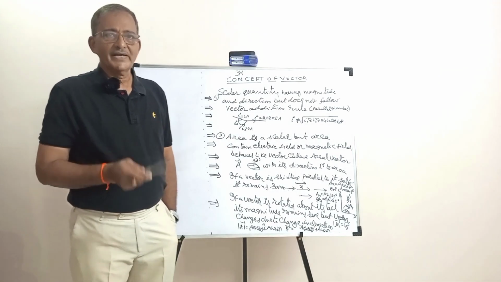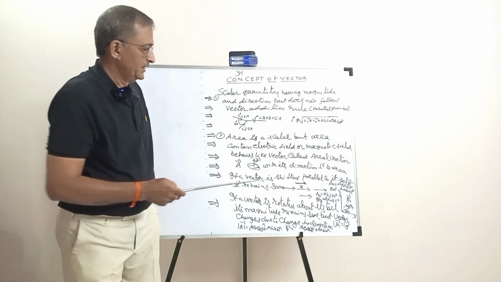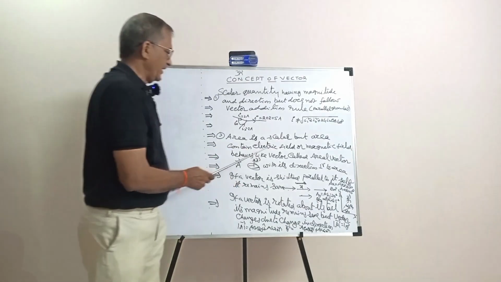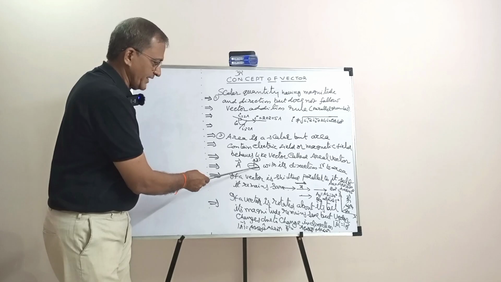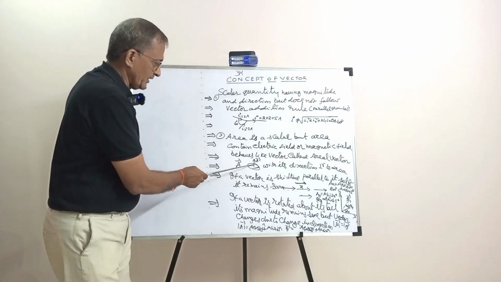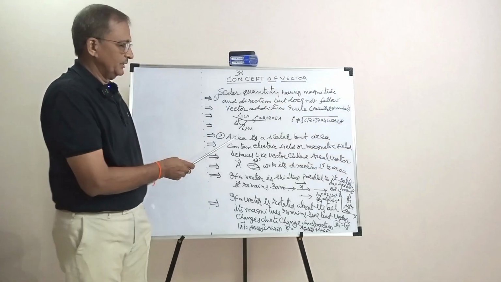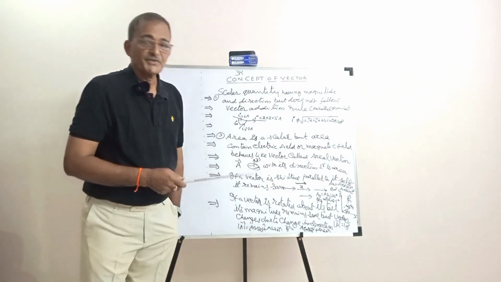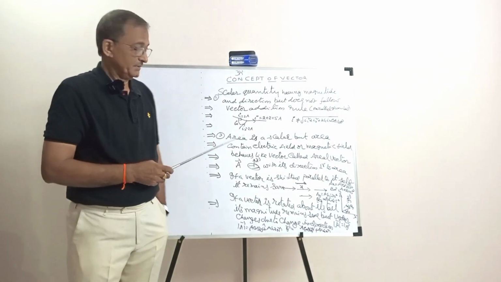When you call it an areal vector, it must have some direction, and that direction is normally away from the area. Suppose this is the area in which the electric field or magnetic field is there, and the areal vector is taken along the normal away from the area. So these are some of the misleading quantities about vectors.